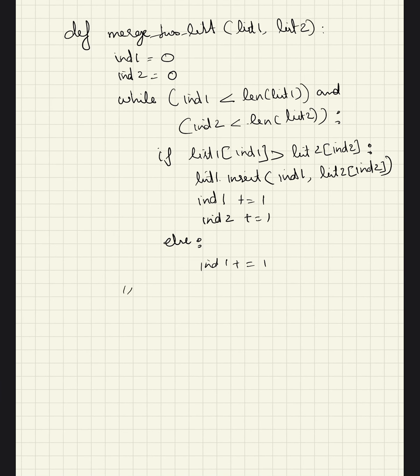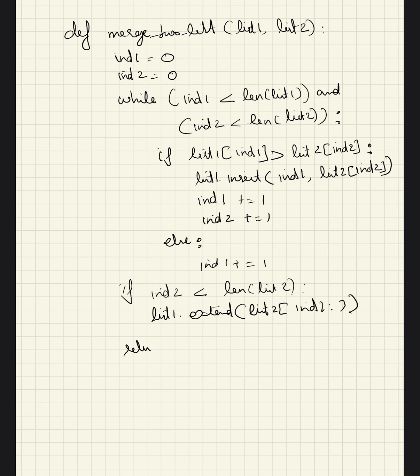We can check it by saying that if int2 is lesser than len of list2, then basically we have to do list1 dot extend list2, and we should start from index 2, right? And that is basically the program.